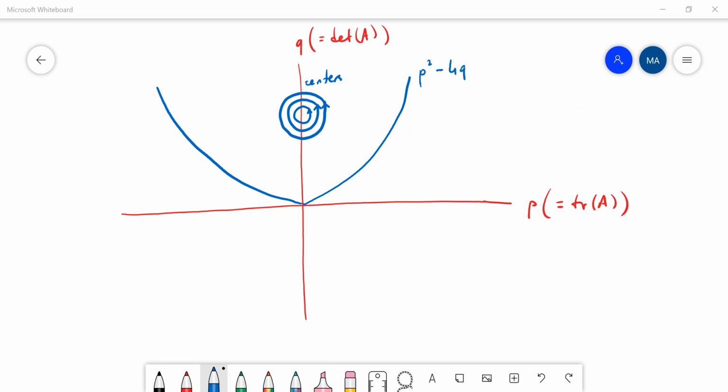P squared minus 4Q. So okay, here we have stable spirals. Here we have unstable spirals. Okay.